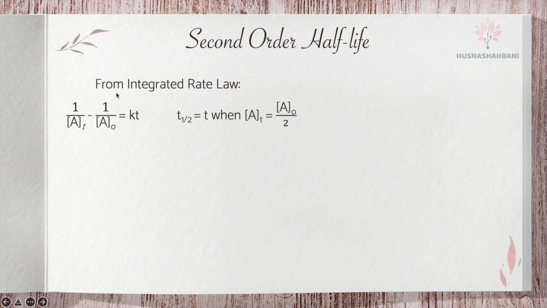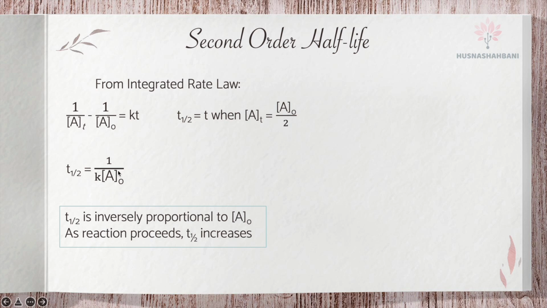Second order half-life from integrated rate law: this is the equation that you get from the previous slide, 1 over [A]t minus 1 over [A]0 equals kt. If we want to determine the half-life, we change t to t half. When we change it to t half, [A]t must equal [A]0 over 2, half of the initial concentration of reactant A. Substitute this into [A]t, and you'll get the half-life equals 1 over k[A]0.